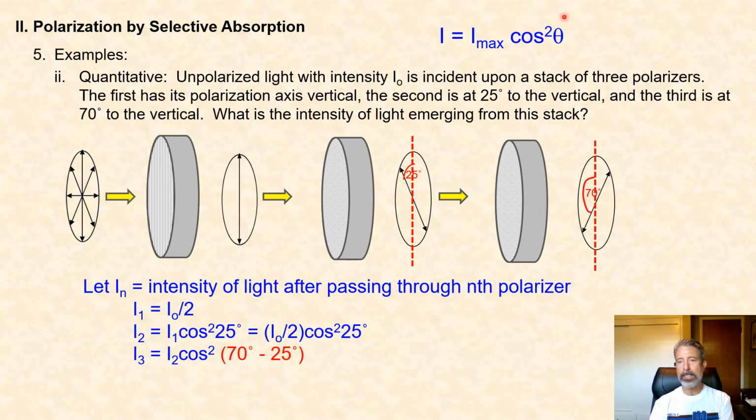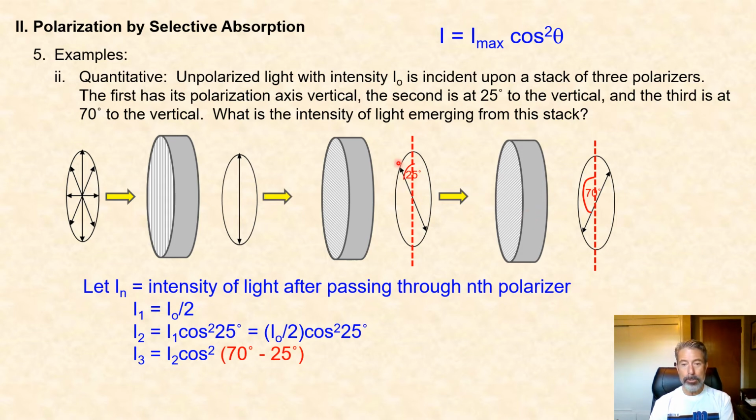The angle theta is the angle between the transmission axis of the Polaroid filter and the direction of that incident polarized beam. So notice here that that polarized beam is not in the vertical direction. That polarized beam is now at an angle of 25 degrees with respect to the vertical.